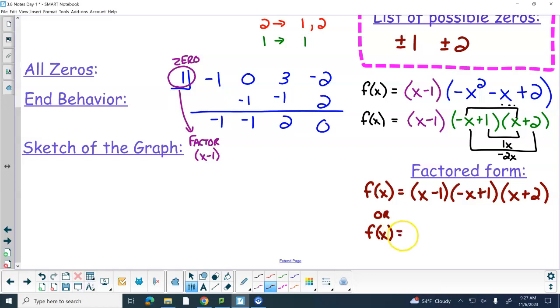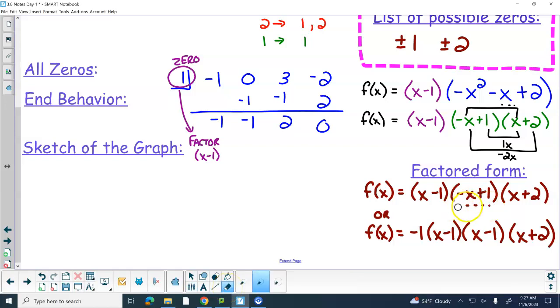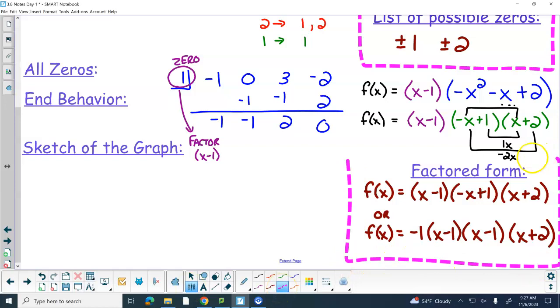So if you factor out a negative 1, then you would have x minus 1 still, but you'd have another x minus 1, and then you'd have an x plus 2. You could factor out a negative 1 just from that one right there. Okay? So that is my factored form.